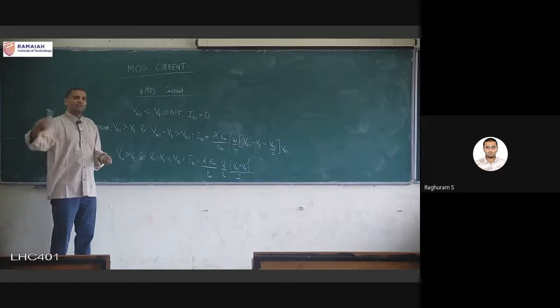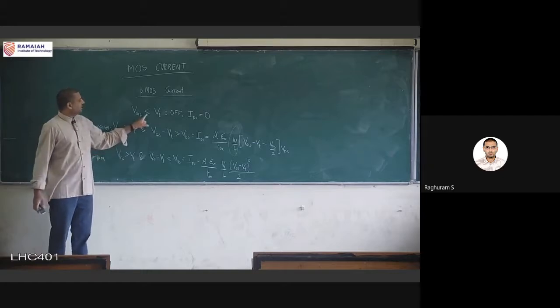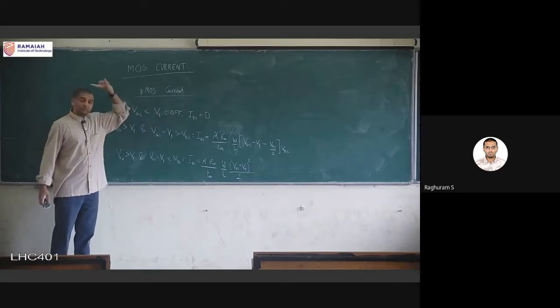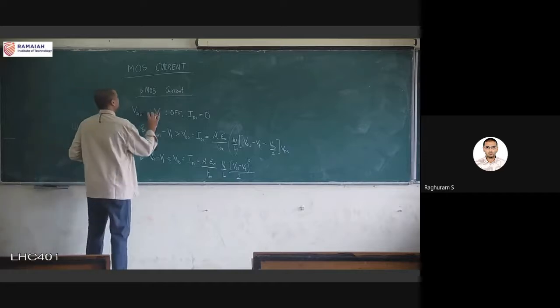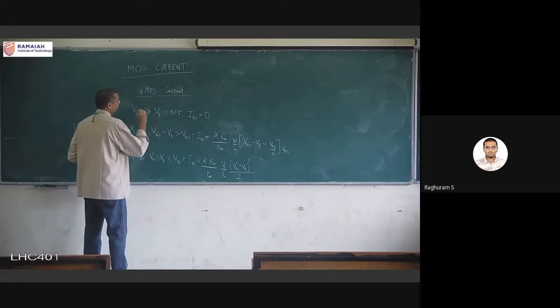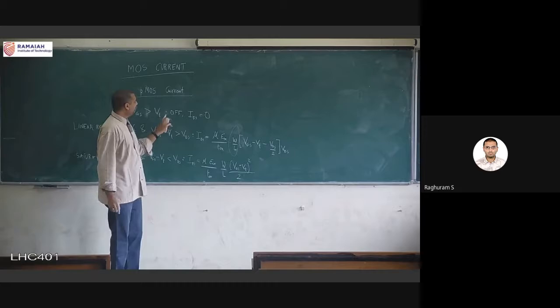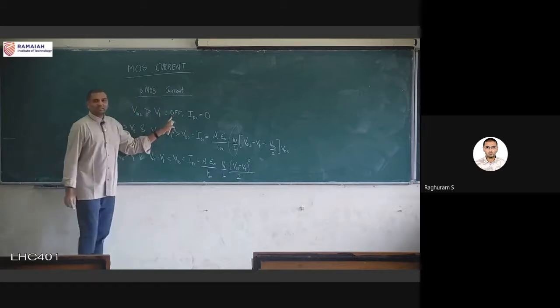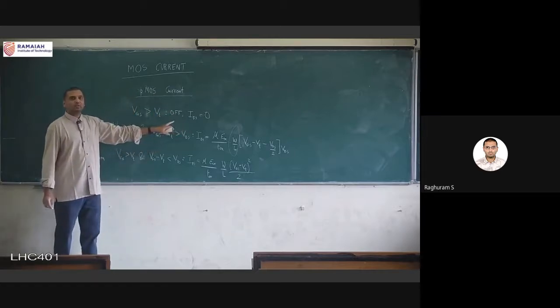You make every condition upside down. So VGS greater than VT is off. This was for the NMOS. Switch it, make it opposite. Okay, VGS, if it is greater than VT, the PMOS transistor is off, IDS equal to 0.